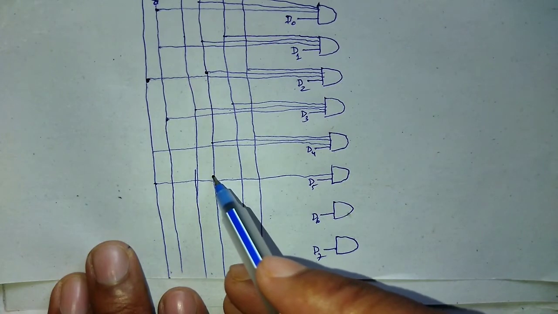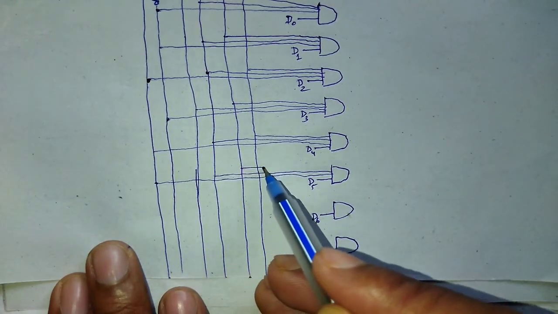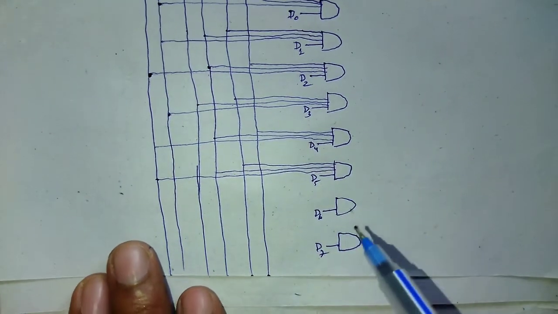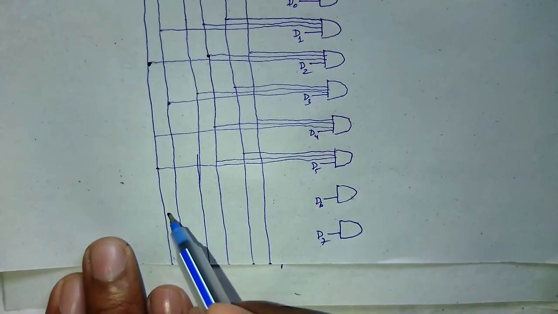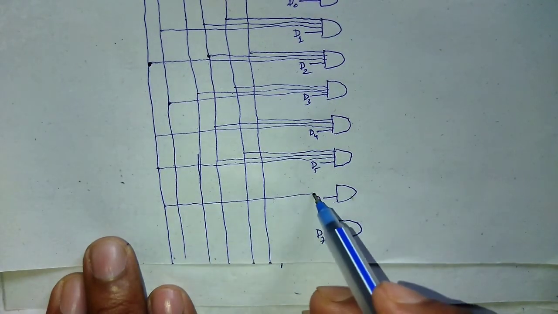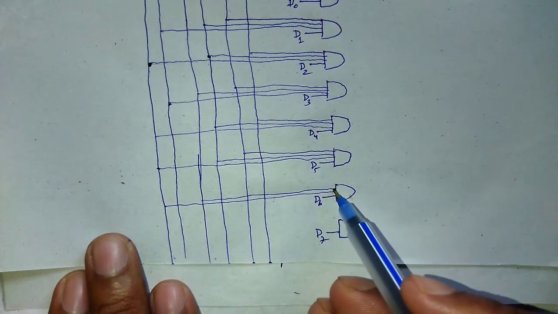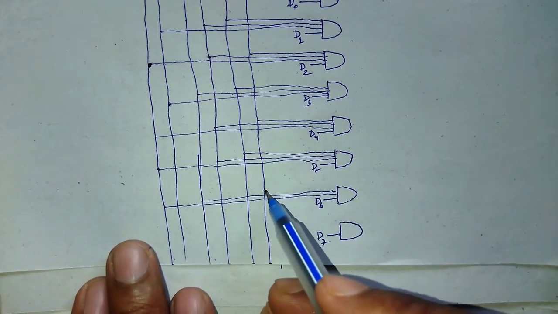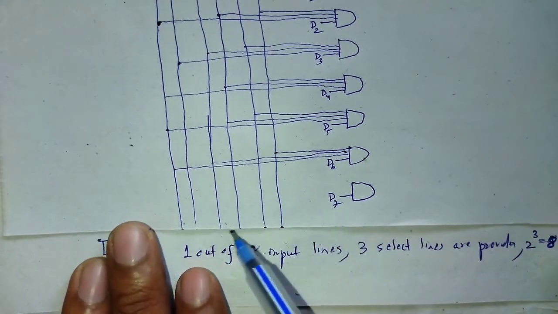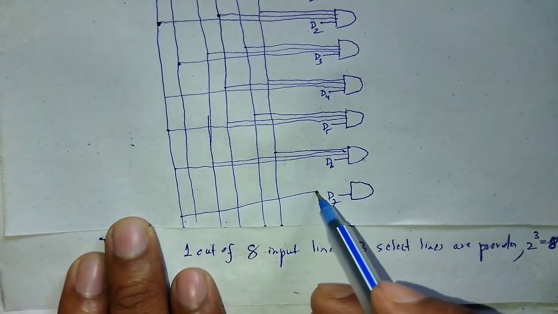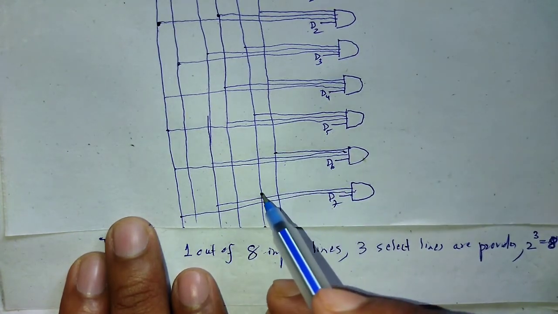For D6 S2, S1, S0 dash, this is the S0 dash line. Next for D7 as S2, S1, S0.